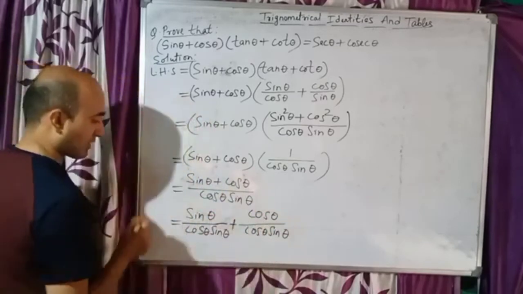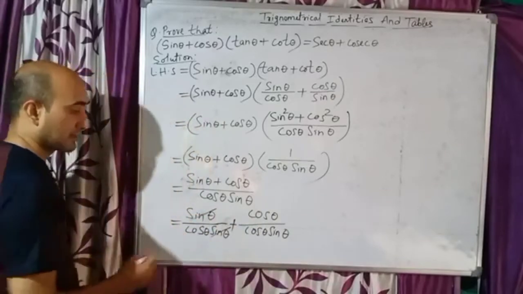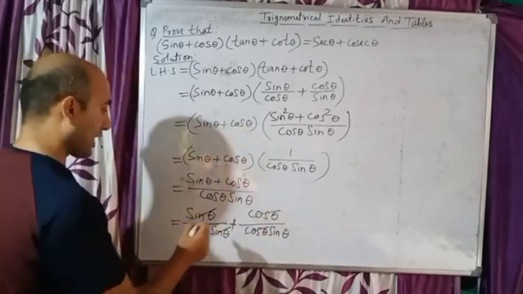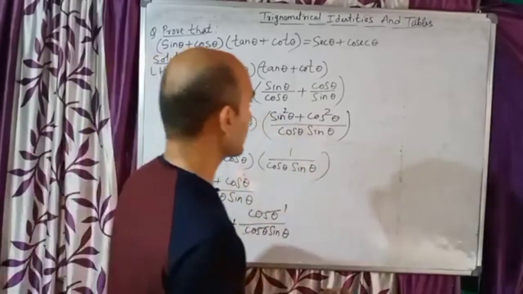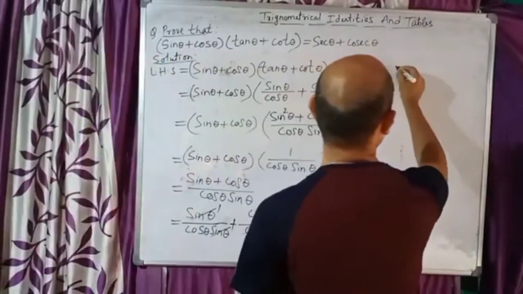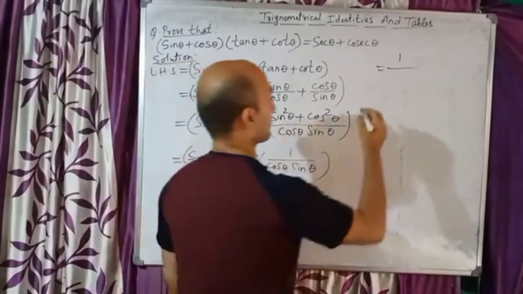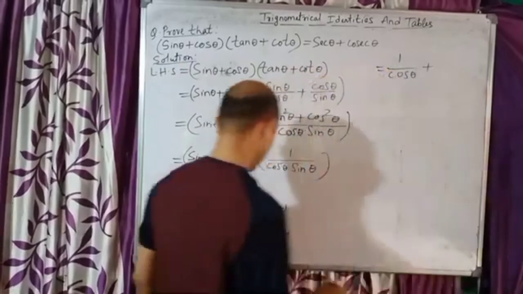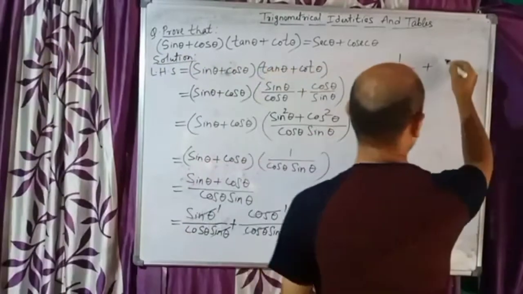Now by writing this, sine theta got cancelled here, and cos theta got cancelled here. The upper part will be 1, here also 1. So our answer will be 1 by cos theta plus 1 by sine theta.